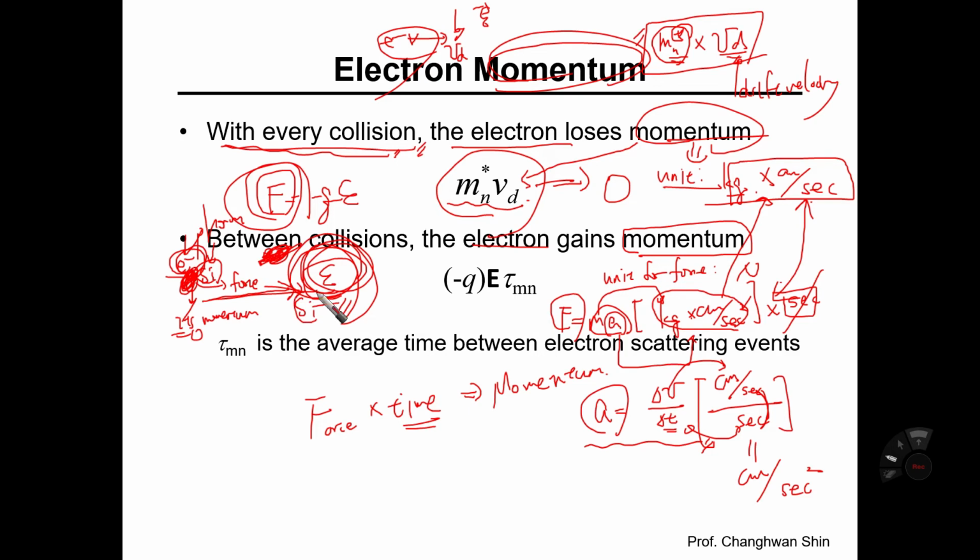But at some point, another phonon, a silicon atom, is here, and the electron hits the other silicon atom. Then it needs a certain amount of time from collision event number 1 to collision event number 2 in between. It needs a certain amount of time to travel from collision site number 1 to collision site number 2. So this time indicates scattering time. In more detail, scattering-to-scattering time.